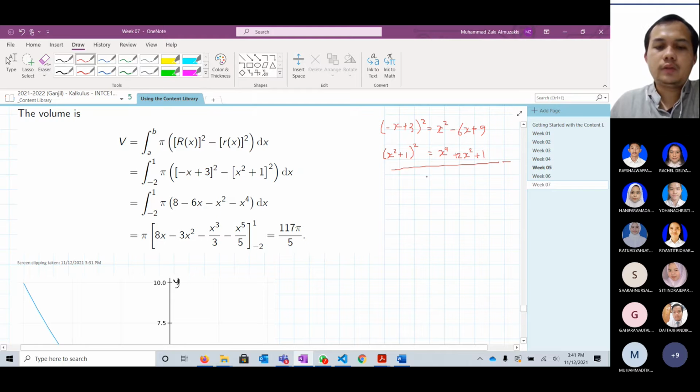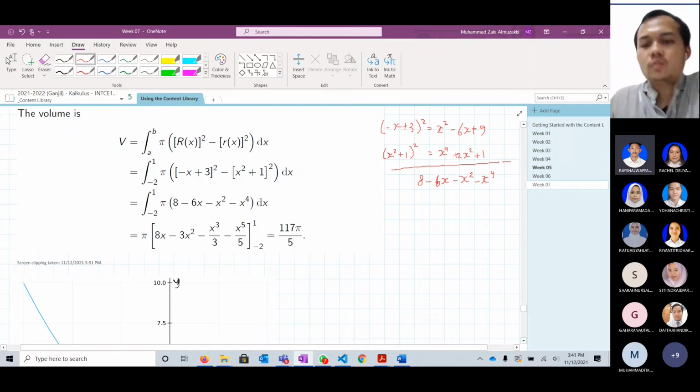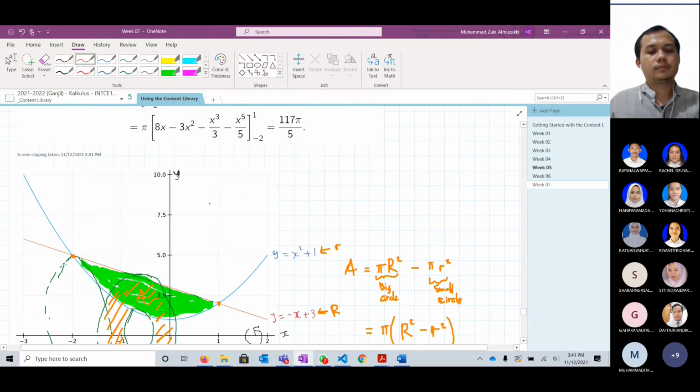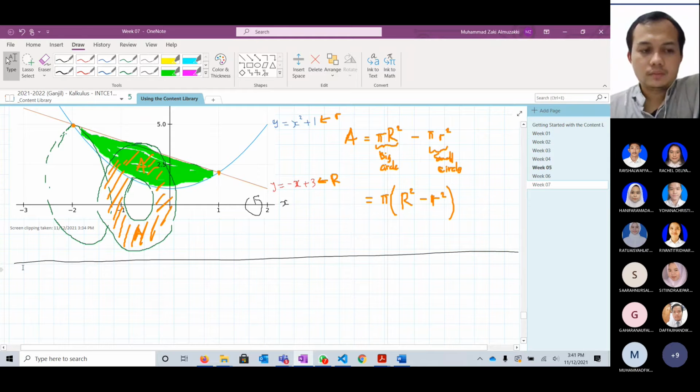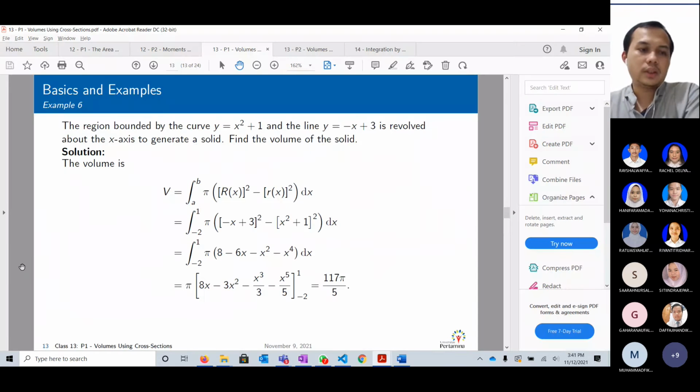If we subtract them, then we get 8 minus 6x minus x squared minus x power 4. Yeah, is it clear now? Yeah, it's clear, sir. Okay, any other question? No? Then let's go to the next example.